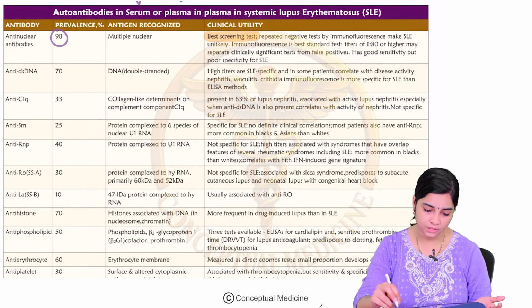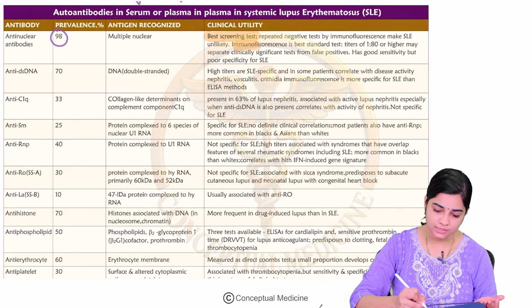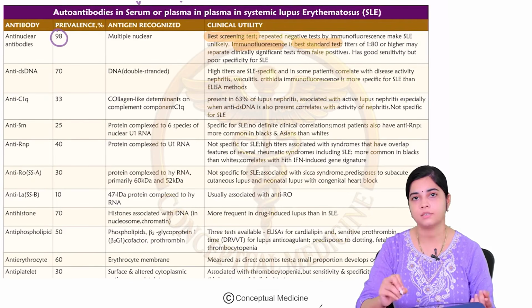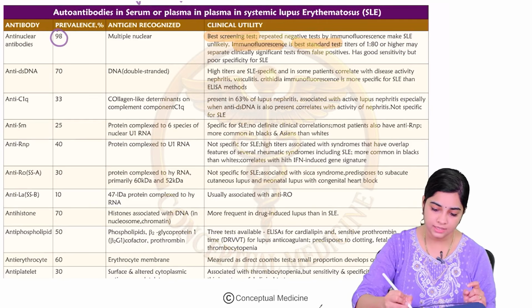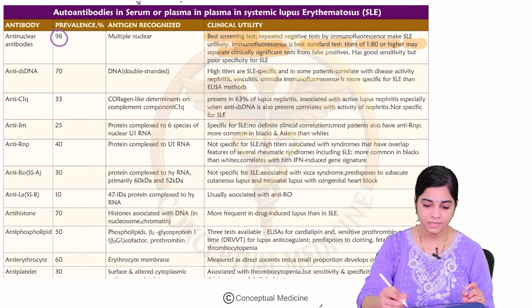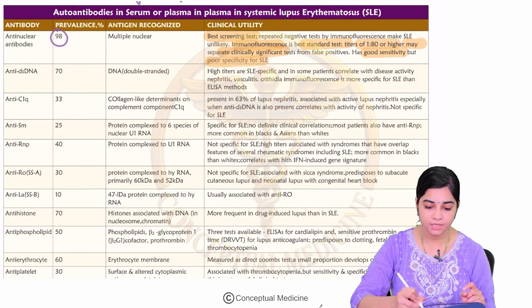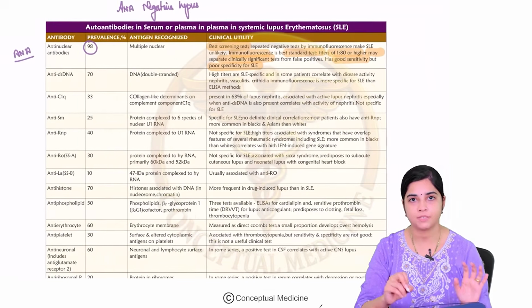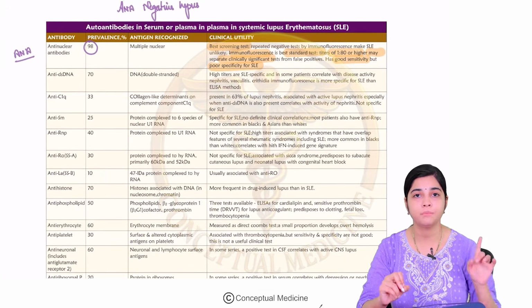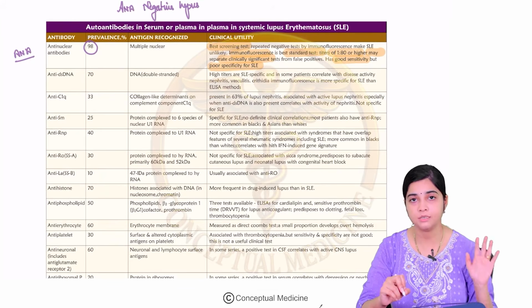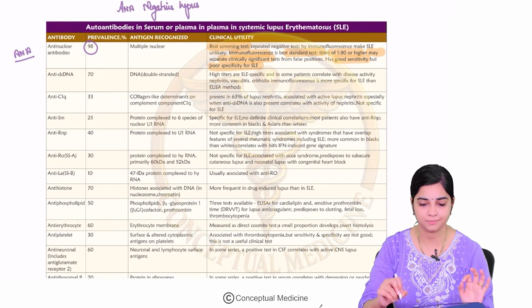Immunofluorescence is the gold standard test. It is not ELISA, it is always indirect immunofluorescence technique, and titers of 1:80 or higher may be clinically significant. So it has a good sensitivity, but it does not have a good specificity. So ANA is the best screening test for SLE.